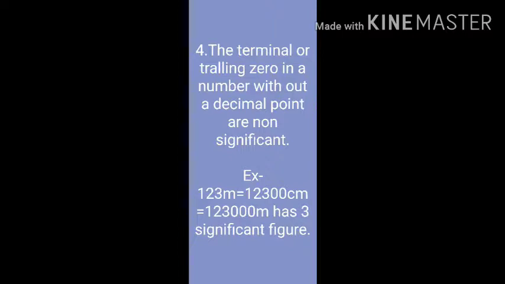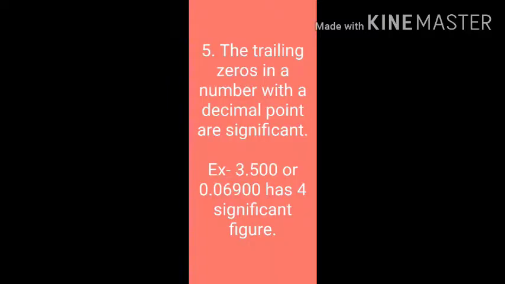So we can conclude that if we convert some unit of amplitude, then the trailing zeros are non-significant. Rule 5: the trailing 0 in a number with a decimal point is significant. If there is a decimal number that includes some zeros, then the zeros have to be counted in significant figures. Look at the example. 3.500 or 0.6900 both have 4 significant figures according to rule 5.